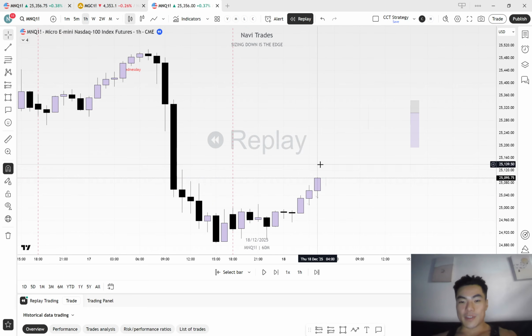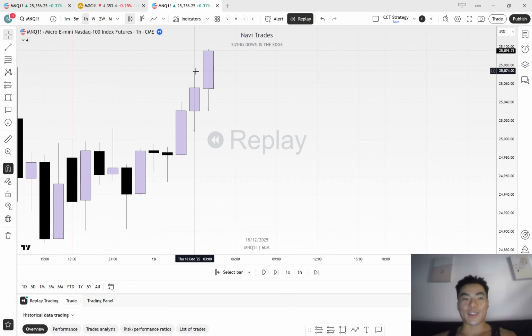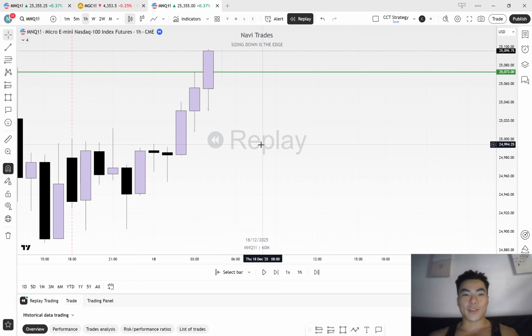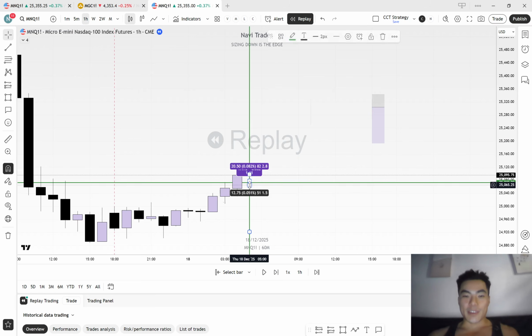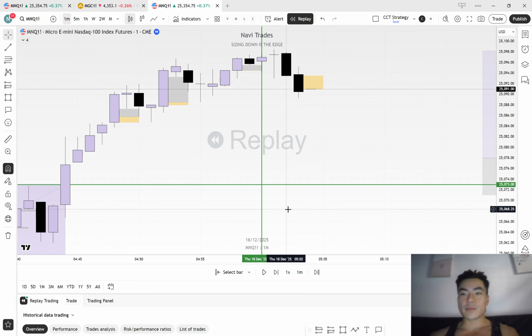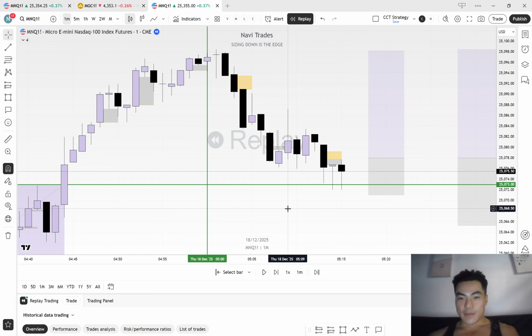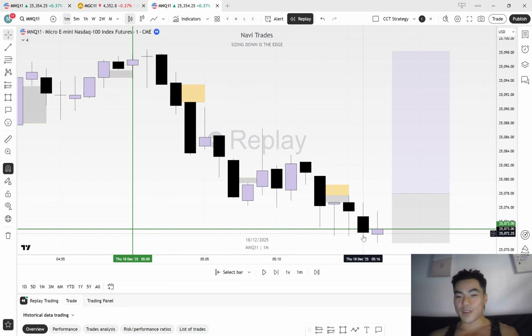Get rid of these lines. We can see again, we get another close above a virgin wick. So you mark that out, mark out the next hour to look for our entries, drop down to the 1 minute. Patiently waiting. Okay, so we get a close under.